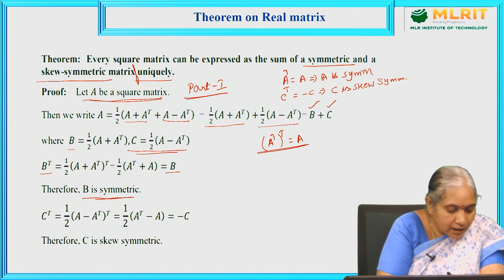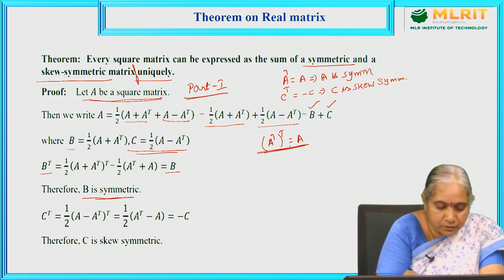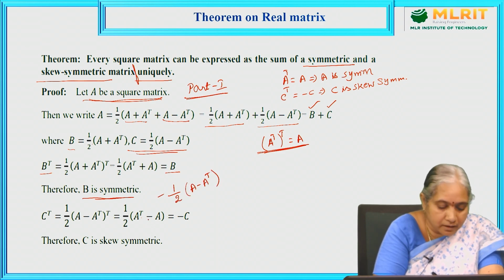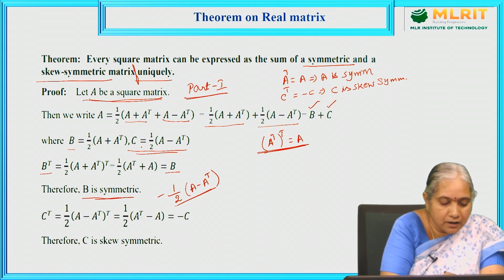So take the transpose of this matrix: 1 by 2 into A transpose minus A transpose whole transpose, which equals A. So A transpose minus A. Take minus common, then you will get minus 1 by 2 into A minus A transpose. So this is minus 1 by 2 into A minus A transpose, which is minus C.